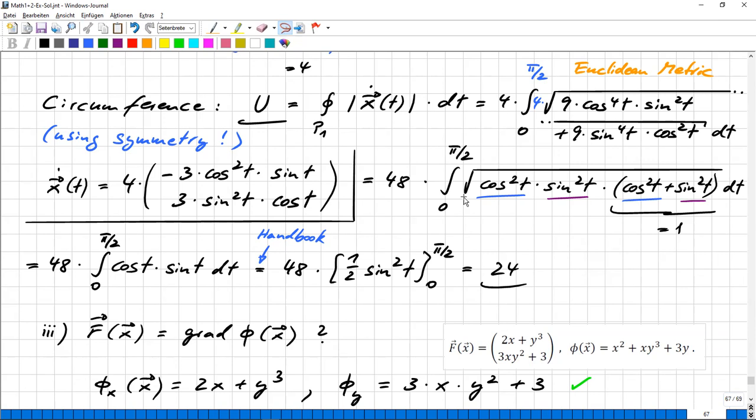And so it's very advantageous to restrict ourselves to the first quadrant where cosine and sine of t are both positive, since this corresponds to the x and y coordinate of the asteroid curve. So I'm sorry for this complicated consideration, but it's really necessary.